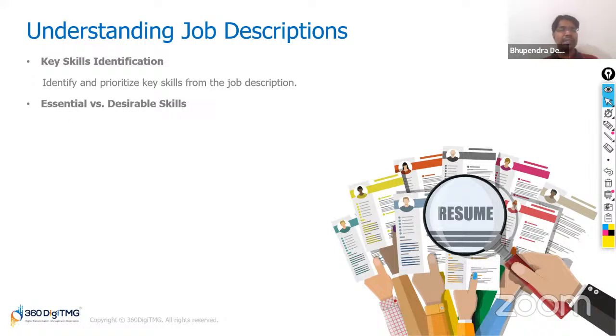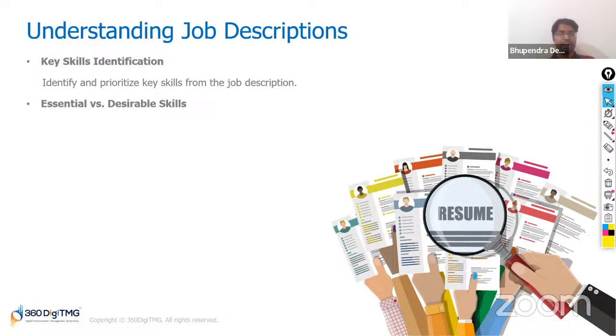Desirable skills, for example, for a data scientist: it is desirable to have Power BI or Tableau experience. They should know one of the BI software tools just to visualize those data sets. If you want to visualize your data, it is essential to have Power BI or Tableau.